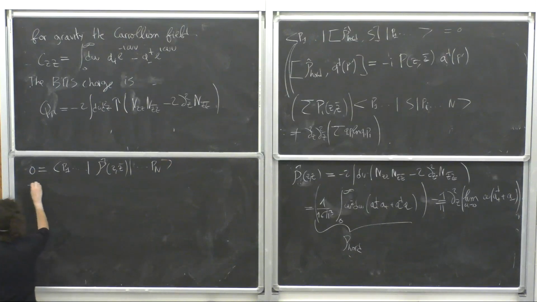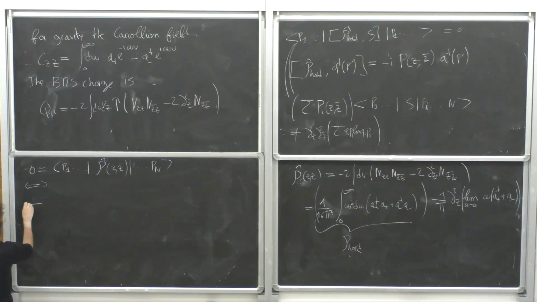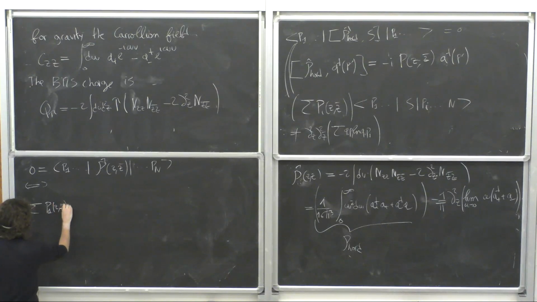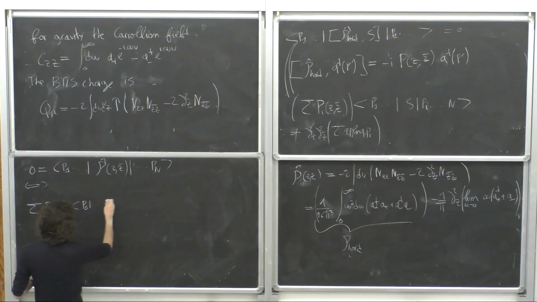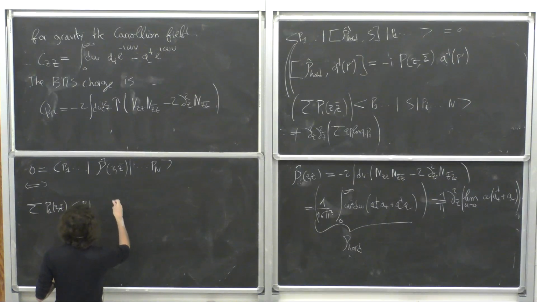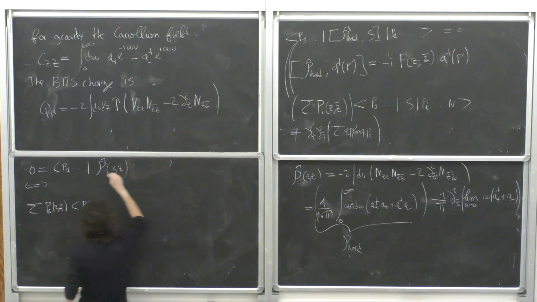Now you rewrite it as, well, there was this sum of hard supermomenta. I want it to commute with the S matrix.